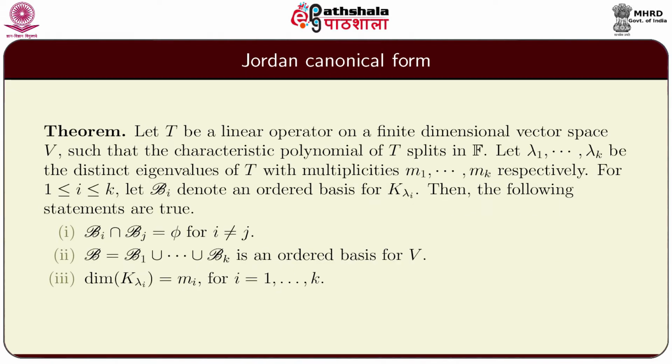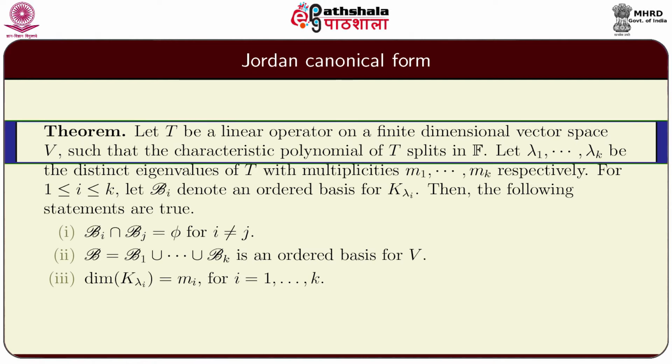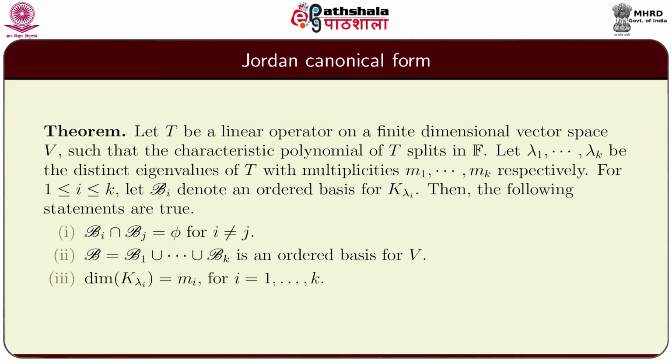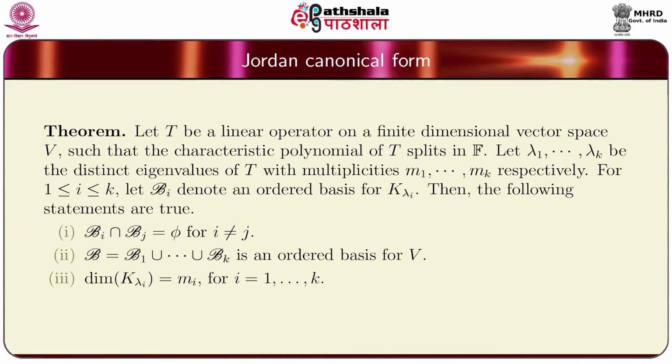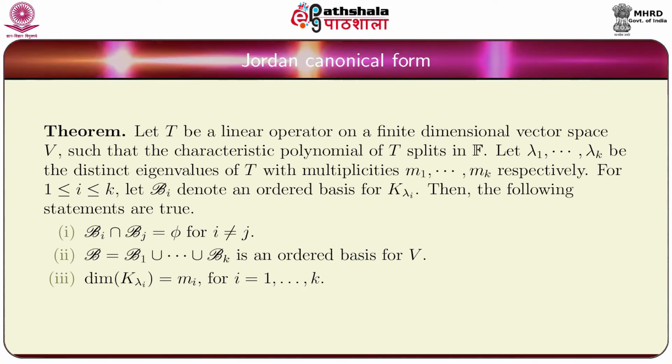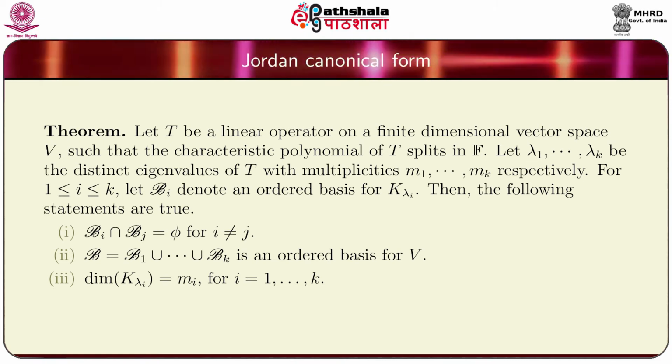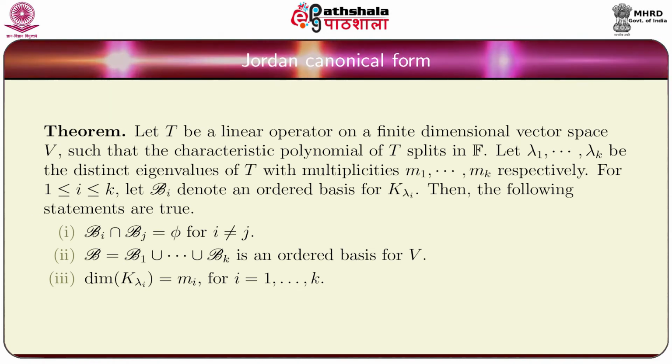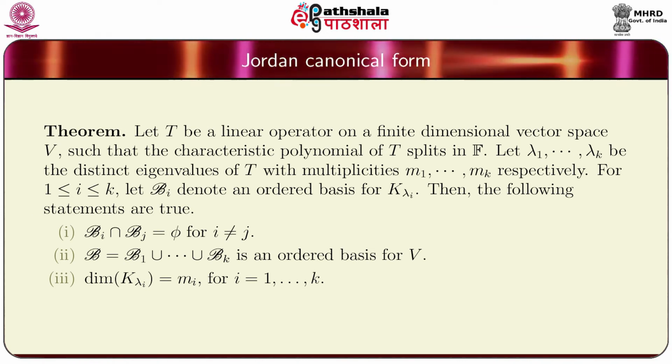Theorem: let T be a linear operator on a finite dimensional vector space V such that the characteristic polynomial of T splits in the base field F. Let λ1 and so on λk be the distinct eigenvalues of T with multiplicities m1 and so on mk respectively. For i between 1 and k, let Bi denote an ordered basis for the generalized eigenspace K_λi. Then the following statements are true. 1.